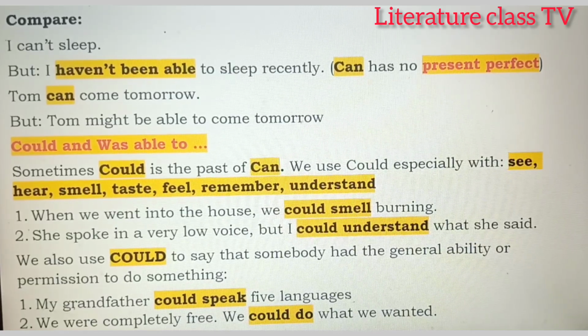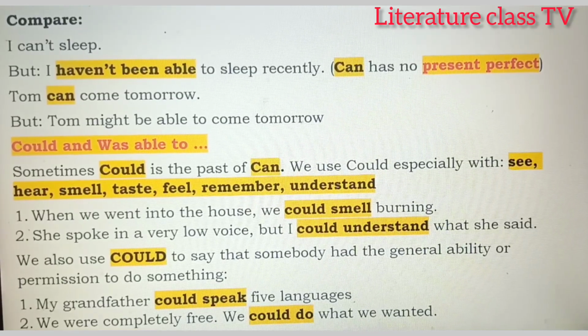This sentence means that my grandfather had a general ability of speaking those 5 languages.